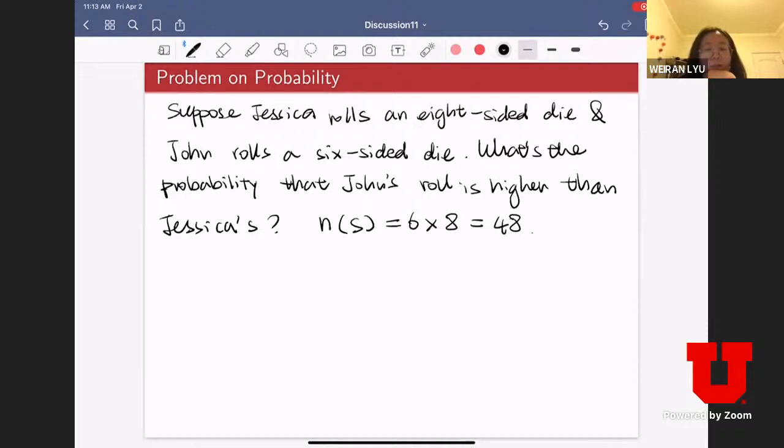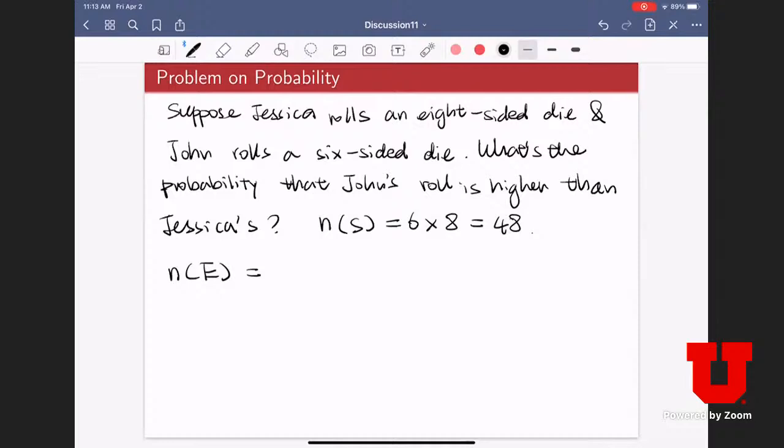And then let's denote E as the event that John's roll is higher than Jessica's. Then what's going to be our N of E? We got 5 plus 4 plus 3 plus 2 plus 1.